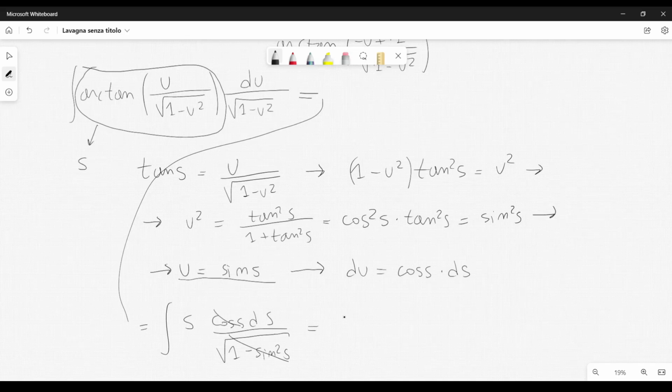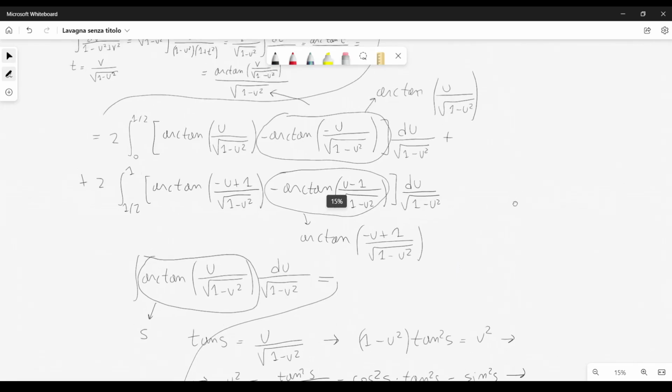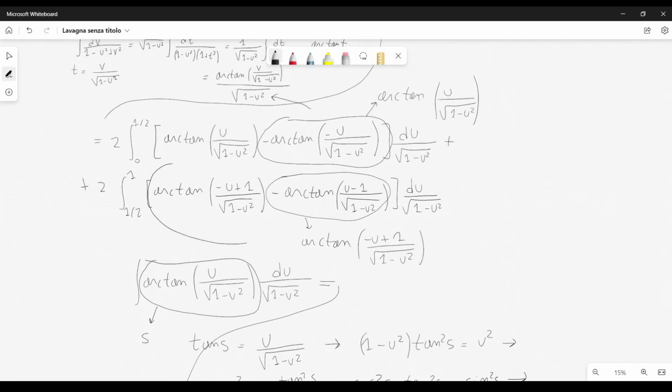But that's just s squared over 2. And s, if we substitute back, we get 1 over 2 arc tangent squared of u over the square root of 1 minus u squared. And this is one integral, but we also have to calculate this one.